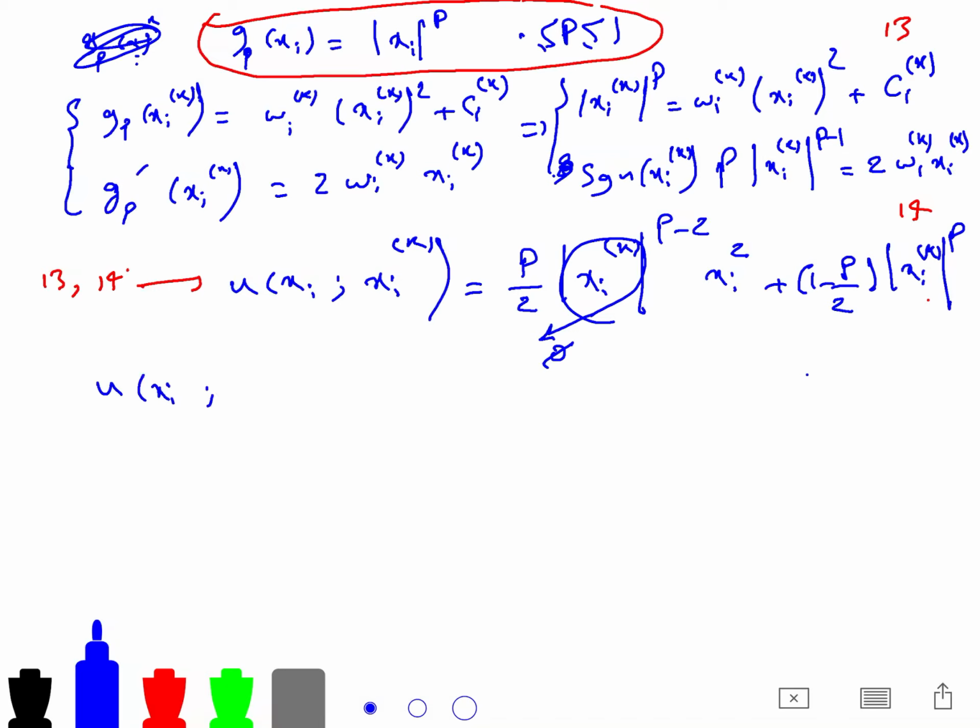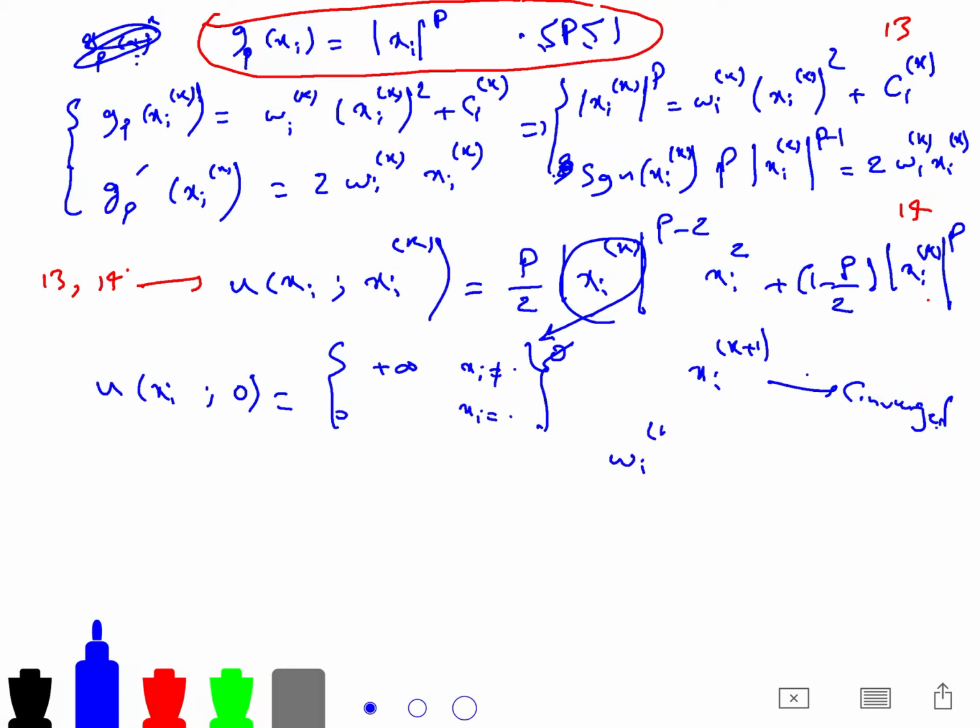So u of x_i at 0, some people say, let's handle this problem with this. But this makes x^(k+1) converge too soon. But we didn't go to good places. So that's not a realistic solution.